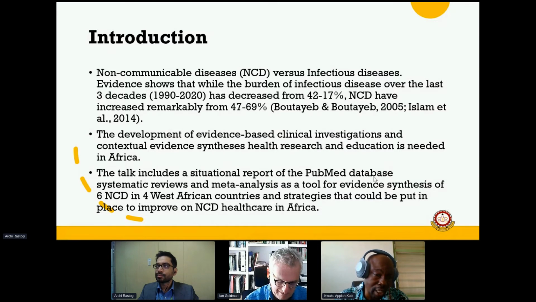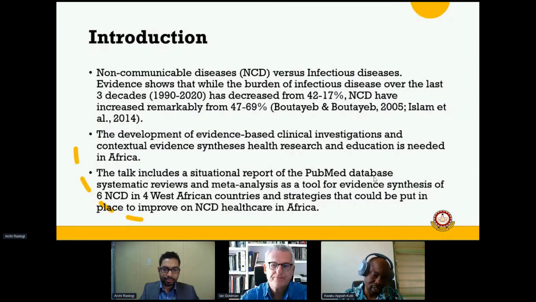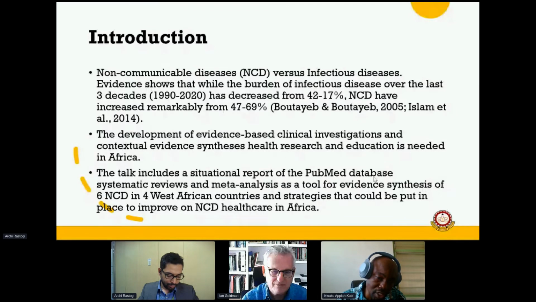Evidence has shown that over the past 3 decades, worldwide infectious diseases have decreased from 42 to 17%. Non-communicable diseases have increased from 47 to 69%. So what do we do about this? Should we continue to focus attention on infectious diseases or non-communicable diseases?